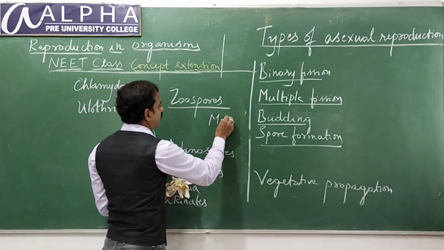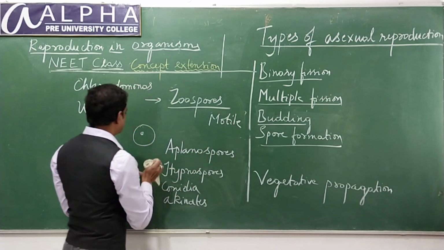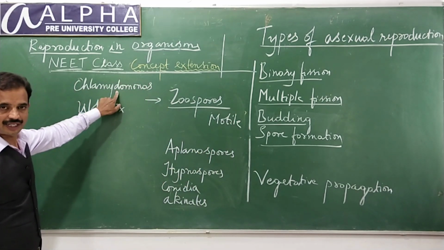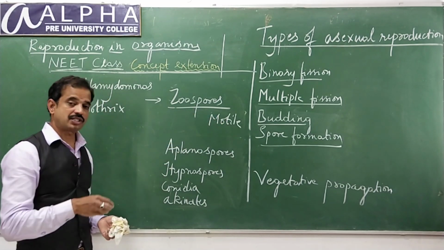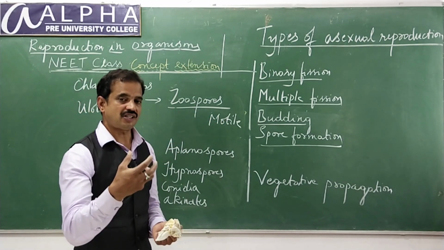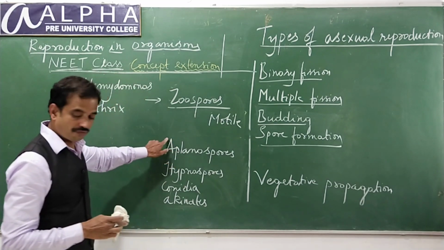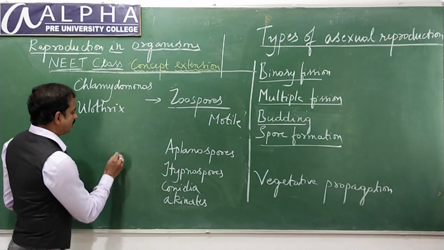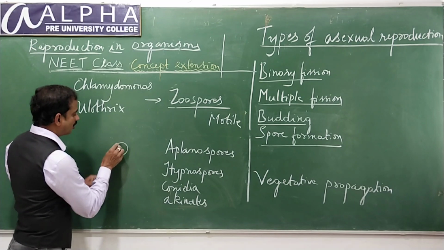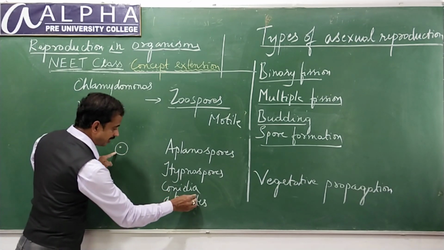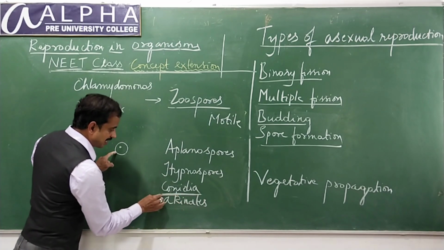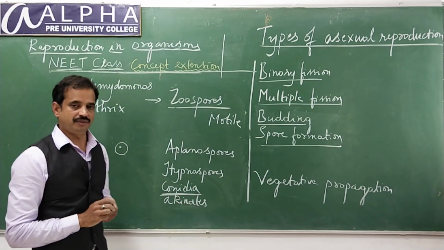Okay, they are motile, and you have studied that as a part of your theory. In case of a Chlamydomonas and Eleutherics, zoospores are formed.